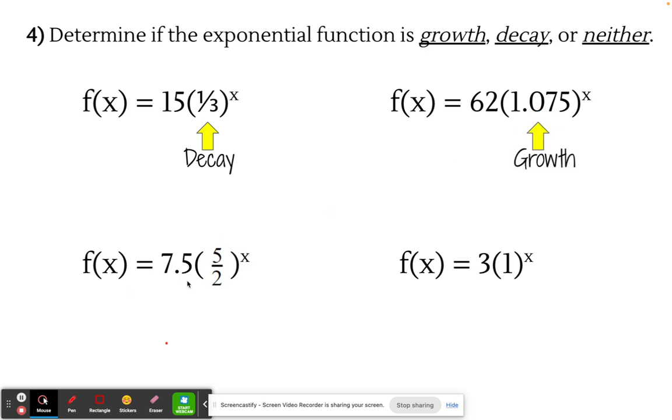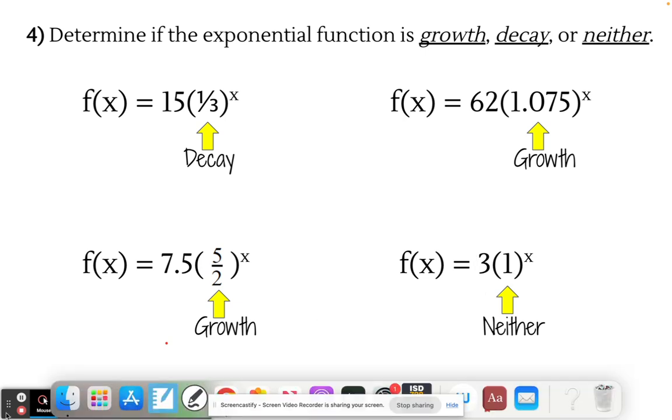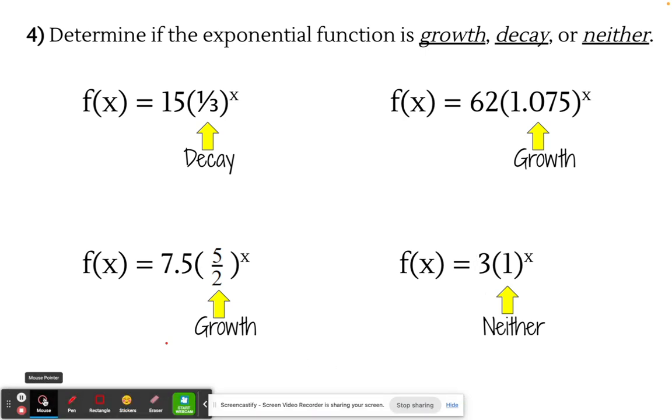So is this less than or greater than 1? It is greater than, that's about 2.5. Well, it's exactly 2.5. So that is growth. What if it's exactly 1? It's neither. It's going to stay the same, because 1 to any power is 1. It'll stay 3 no matter what. It's going to be just level.